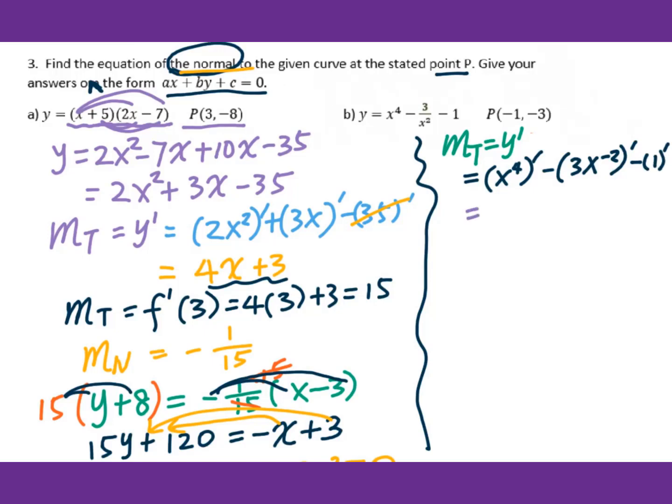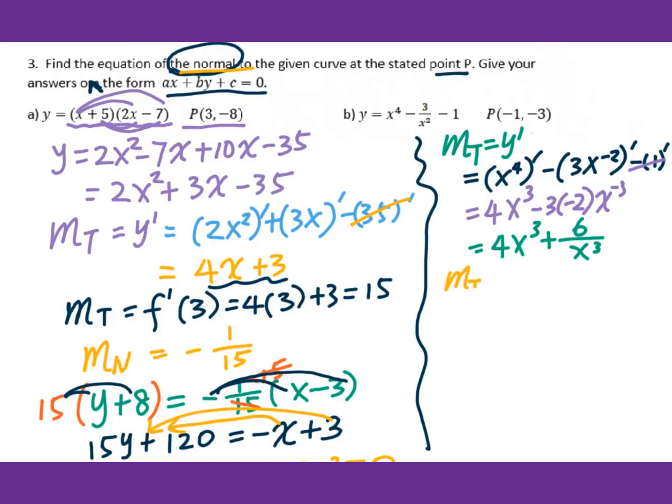So we drop down, that's 4x to the third power, minus 3 times -2, x to the -3rd power. This is 0. Organize: 4x third power plus 6 over x third power.